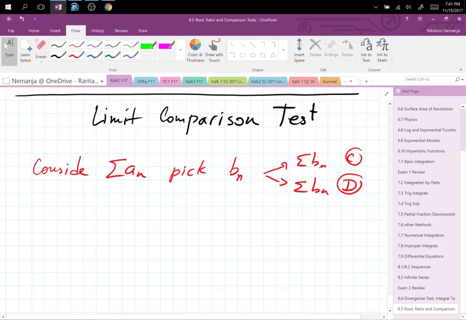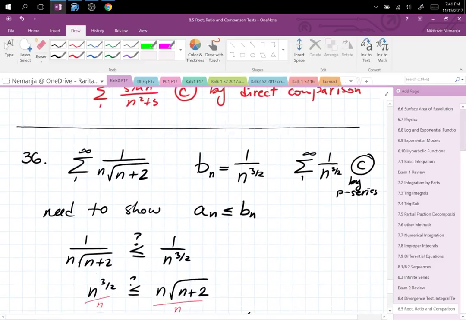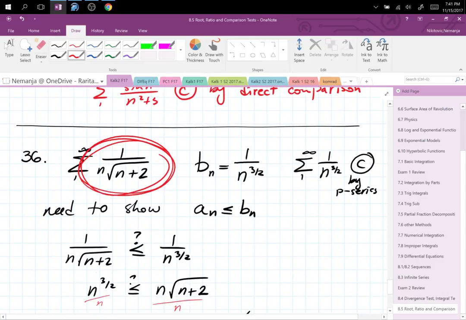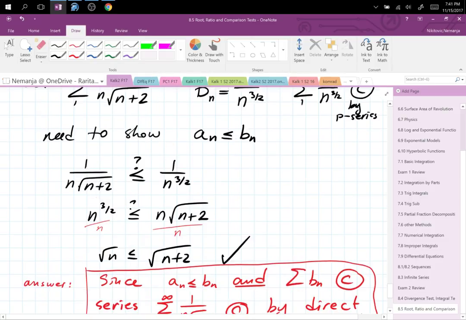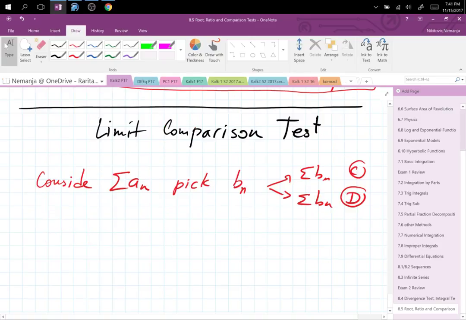If you pick 1 over square root of n, then by the P series it diverges. If you pick 1 over n squared, by P series it converges, and so on. So depending on what you pick, you can pick harmonic 1 over n. Sometimes you will have to do that. So you consider AN, you look at the AN, you pick BN, and you saw how I considered that, right? This was AN, and I analyzed AN, and I came up with 3/2. So that's why I say consider the series, and then pick BN.